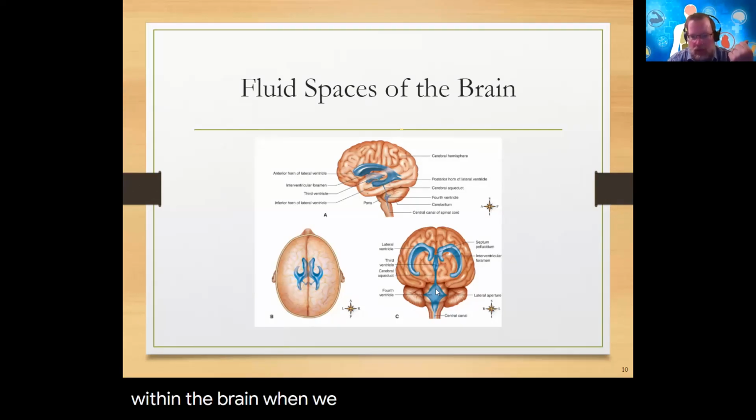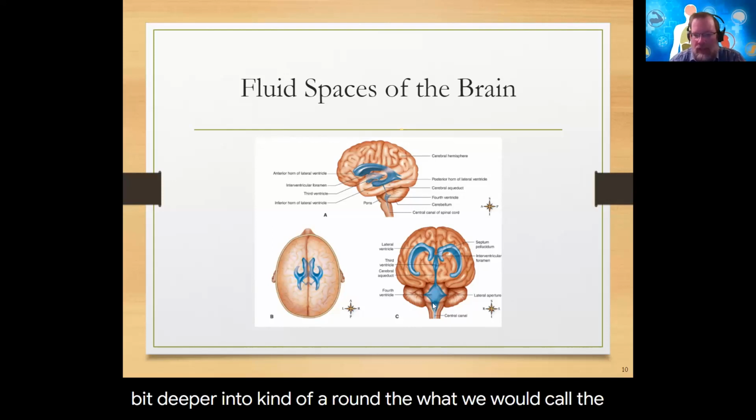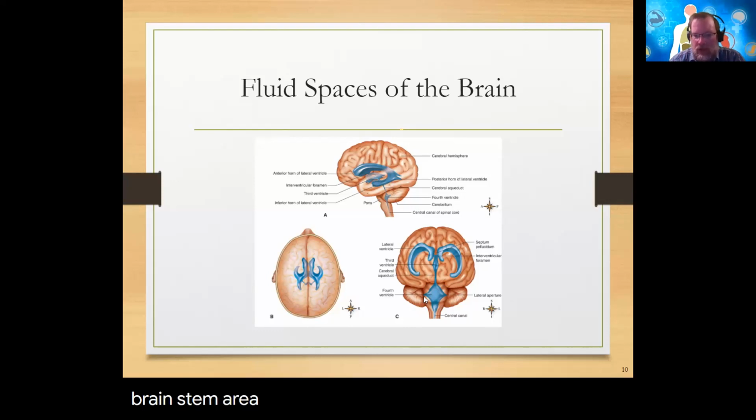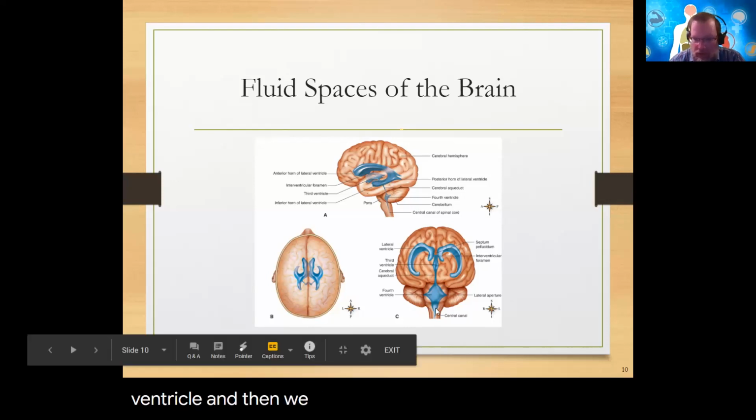When we travel a little more midline, we end up in what we call the third ventricle, and then we go a little bit deeper into around what we would call the brain stem area. We're starting to see then the fourth ventricle, and then we also can find down through the center of the spinal cord is a central canal. So pretty cool.